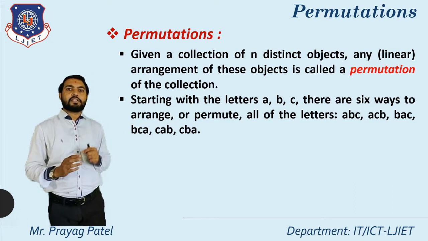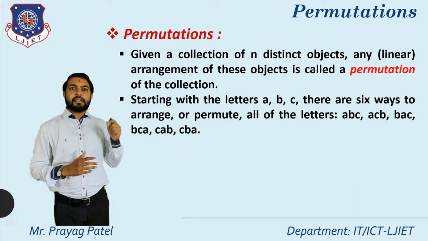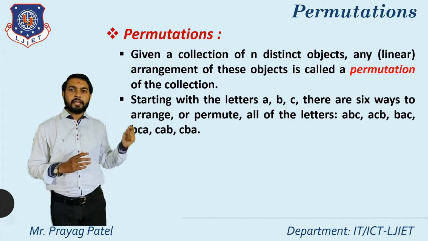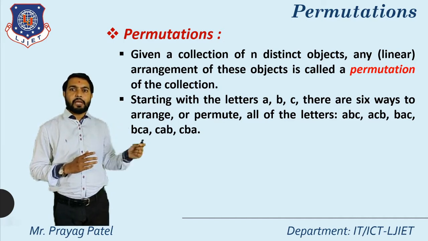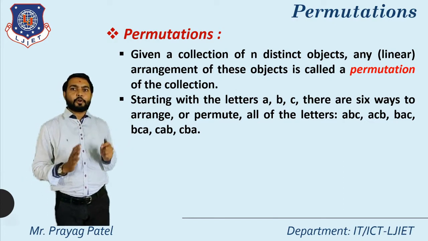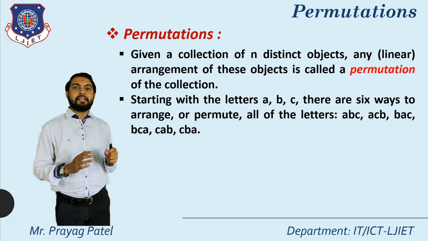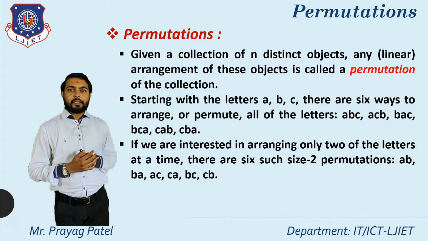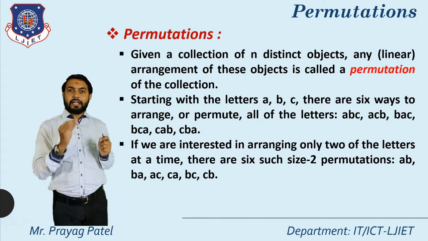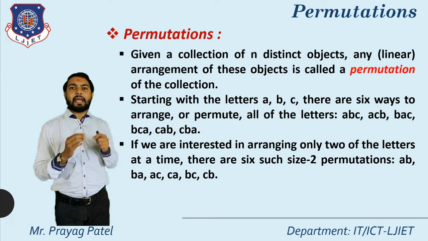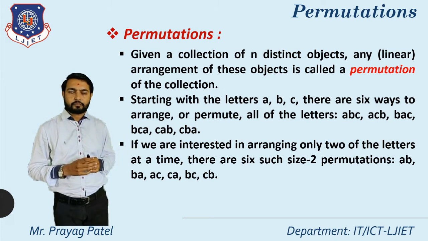For example, first is ABC, second is ACB, then BAC, then BCA, next is CAB, and last is CBA. Total 6 possibilities are there for arranging these letters in different sequences. Here we consider 3 letters available and we have to use all 3 letters for the arrangement. Then this is the n, n representation.